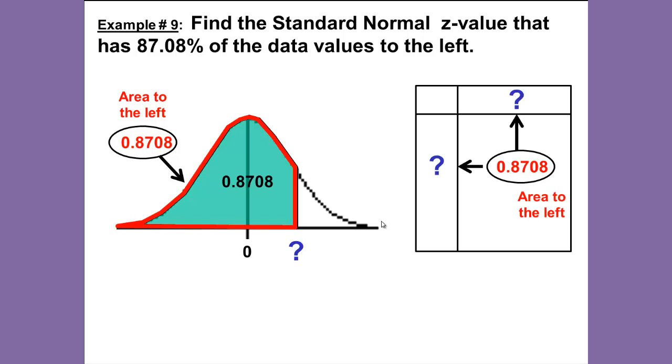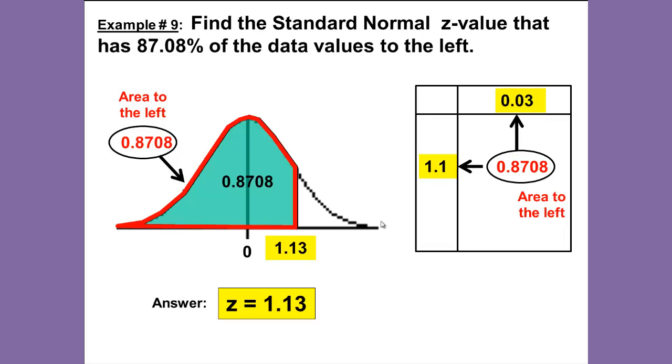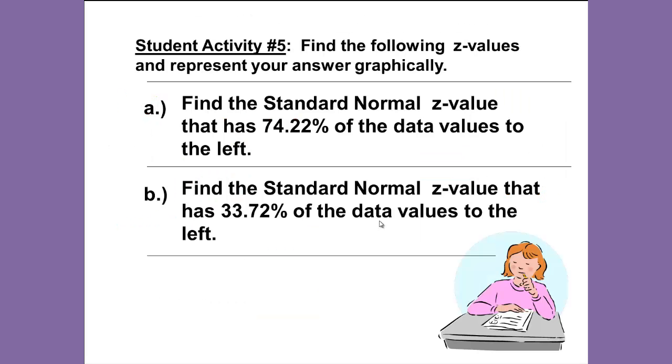So find 0.8708 in your table, and then 1.1 and the 0.03 will be at the left and top of your chart. That will then give us a z equaling 1.13. Here are 2 problems for you to try.